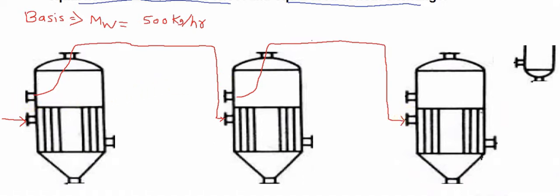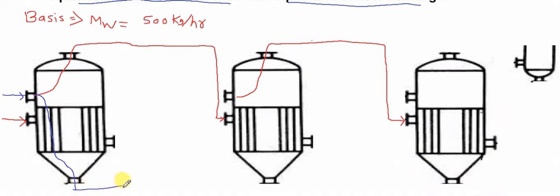Then I give blue color for liquid phase. That means here weak liquor is coming to the first effect. Heat transfer takes place when that passes through these film tubes.